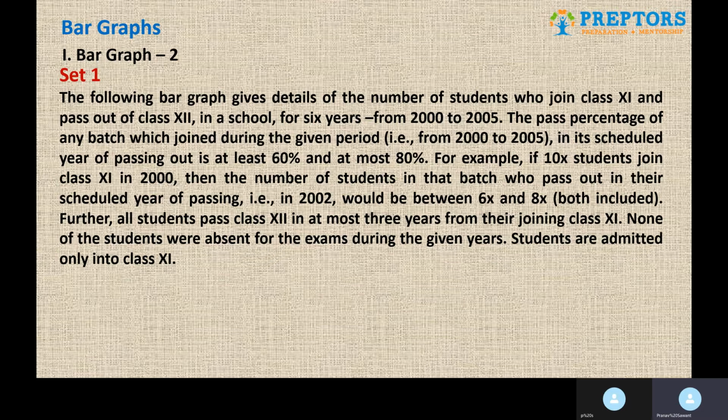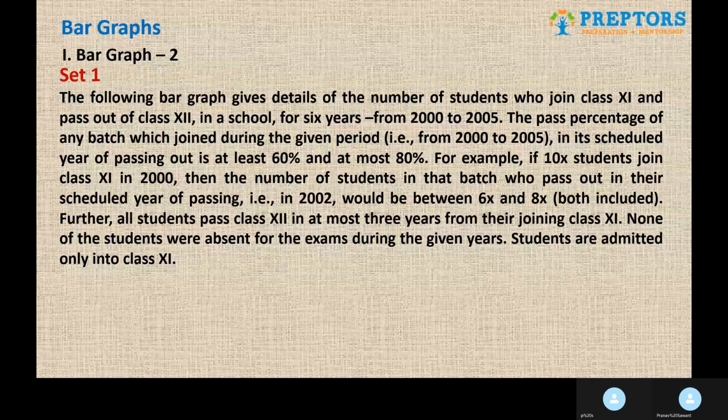For example, if x students join class 11 in 2000, then the number of students in that batch who pass out in their scheduled year of passing, that is in 2002, would be between 6x and 8x, both included.